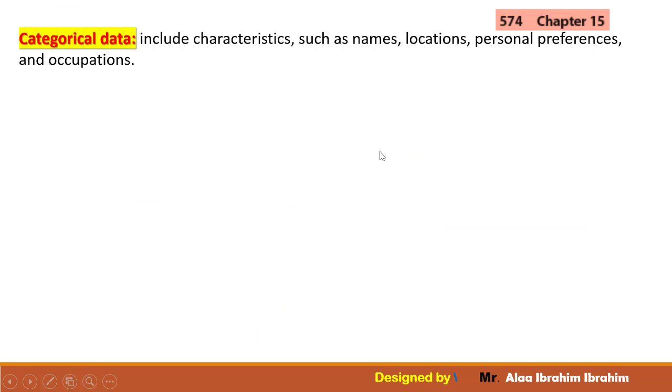Okay. Now we're going to something else, page 574, with examples and another definition here. Now we're dealing with categorical data, which includes characteristics such as names, location, personal preference, and occupation.